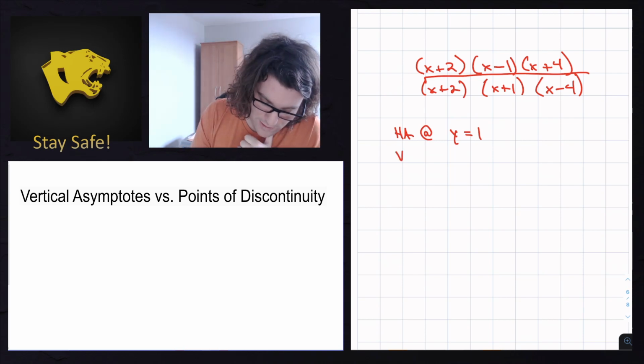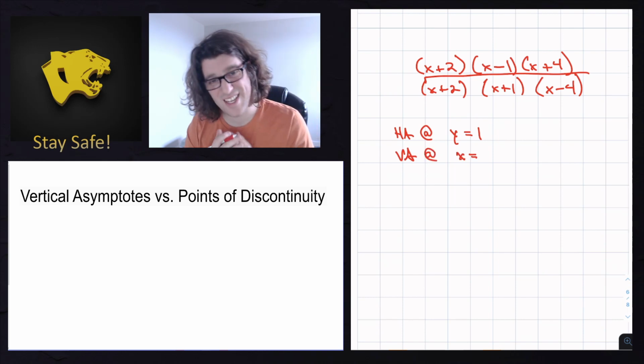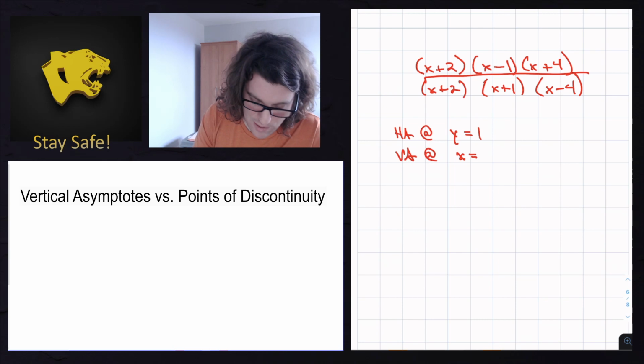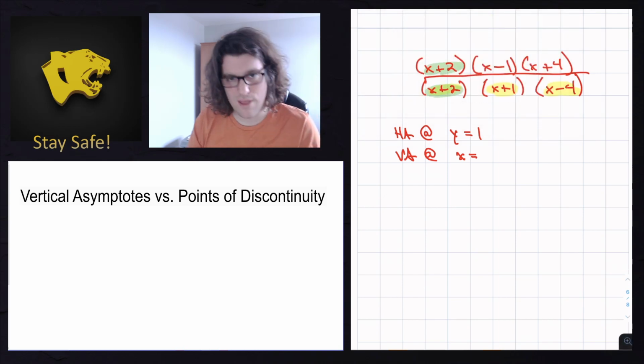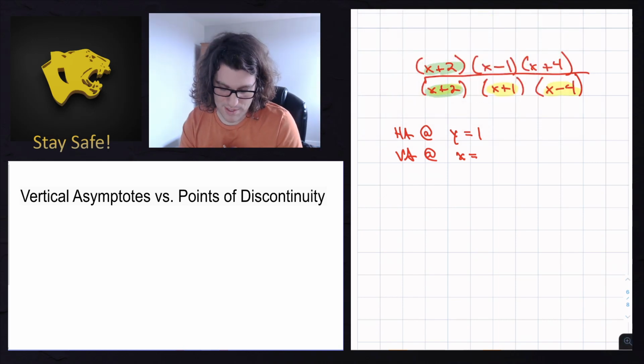It has vertical asymptotes at x is equal to... Now, technically it's every single piece in the denominator that we look for. However, if there's a piece in the denominator that is also shared with a piece in the numerator, then that will not be true at that particular point.